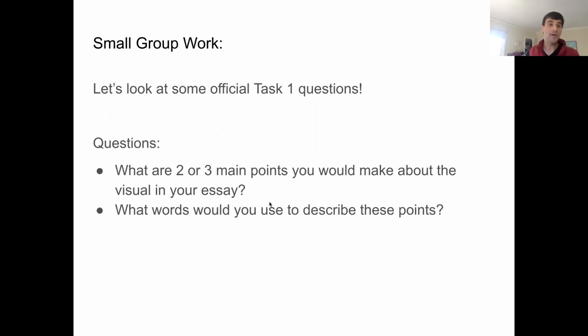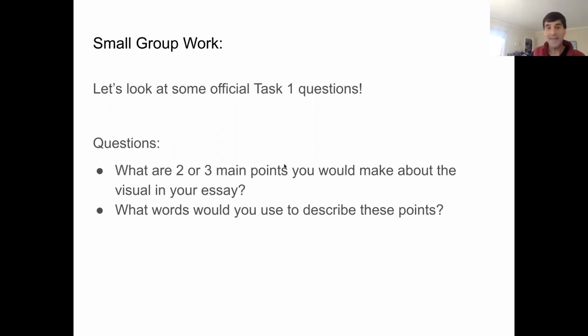So it's a good practice activity to spend some time looking at task 1 prompts, and don't worry about writing immediately. Create a plan, and your plan should be to take a look at what's there about what you're supposed to write about, and see what you can do to identify 2 or 3 of the main points that you would say. So what is most interesting about these visuals?